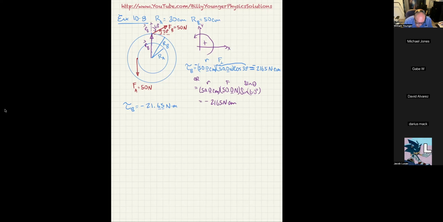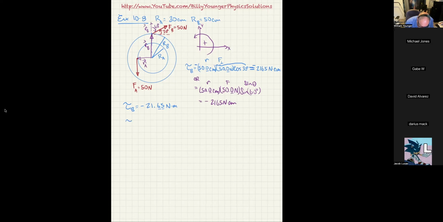And now I'm going to calculate the torque due to A, and in this case, you can see that the lever arm RA is automatically perpendicular to the force, so we don't even have to do anything complicated. We just multiply the two numbers.